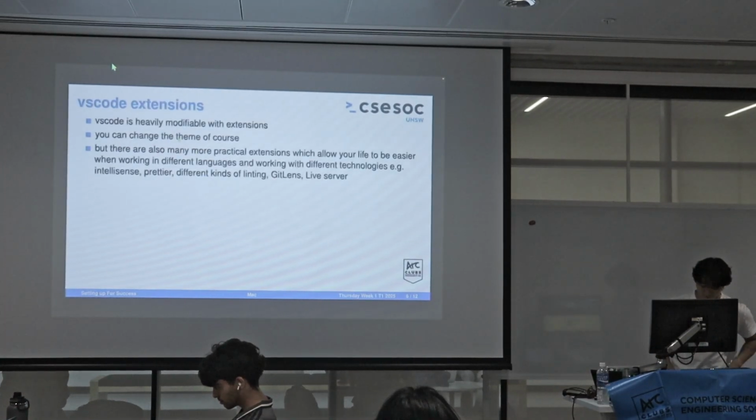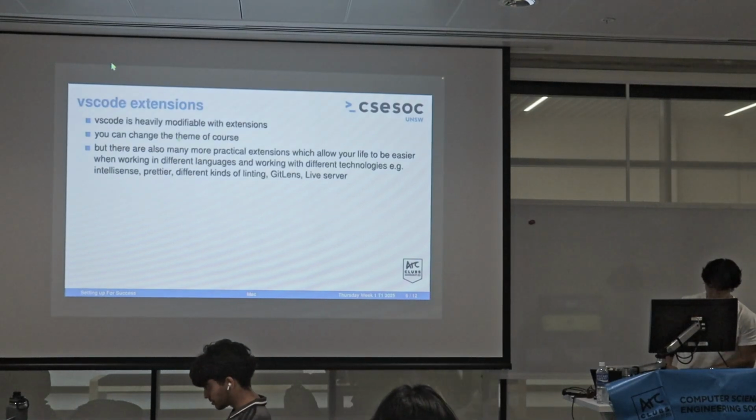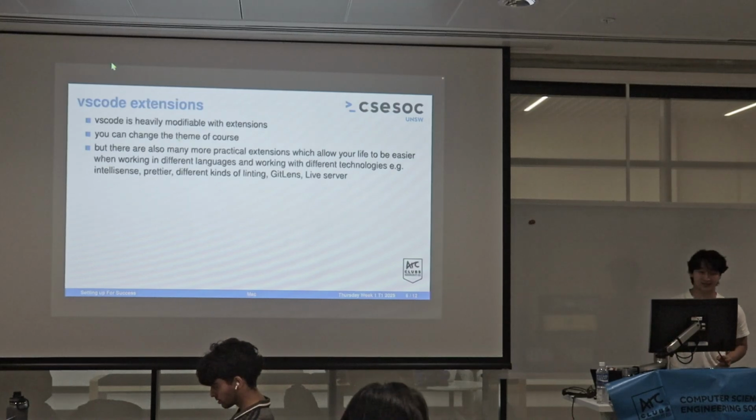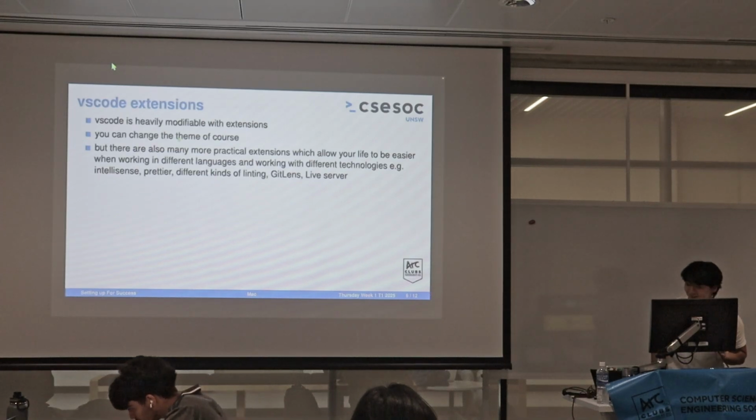You probably won't know these yet, but there's IntelliSense for C, Prettier, linting, GitLens. All these are different kinds of things that will help make your life easier and that you'll probably use at some point. You don't need to know what they are, but I'm just letting you know that they exist.